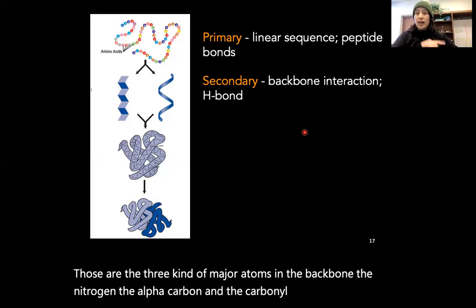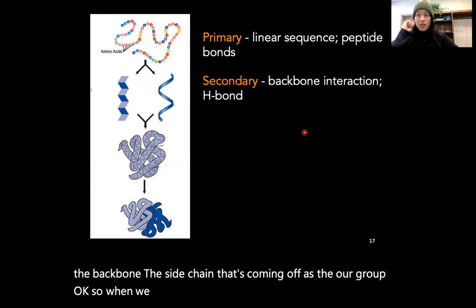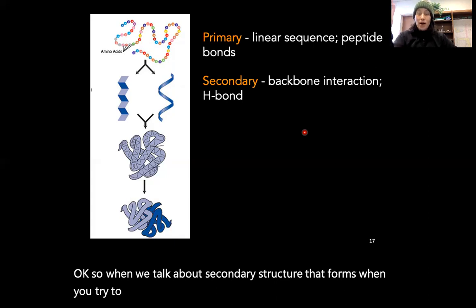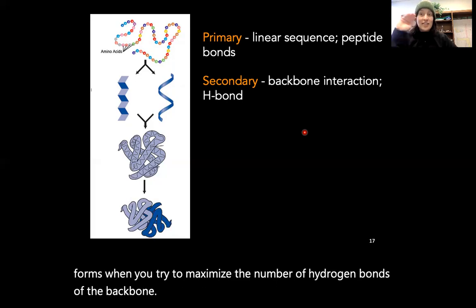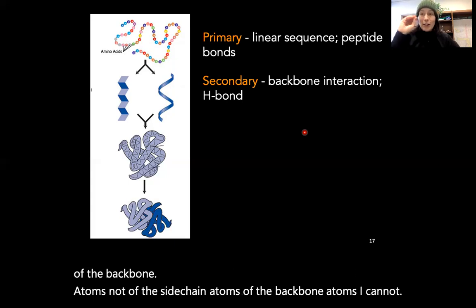The side chain that's coming off is the R group. Okay, so secondary structure forms when you try to maximize the number of hydrogen bonds of the backbone atoms, not of the side chain atoms, of the backbone atoms. I cannot reiterate that enough.